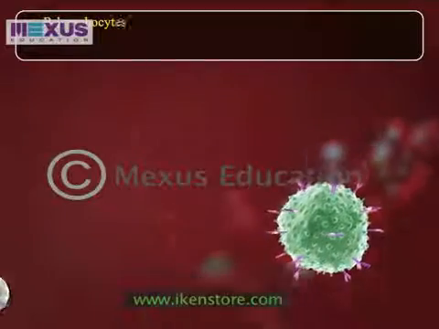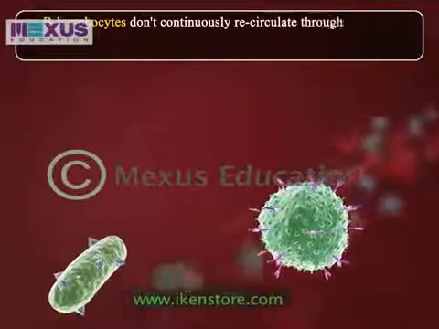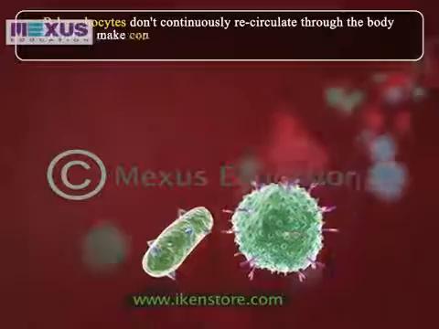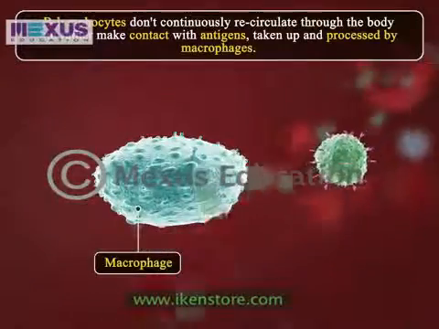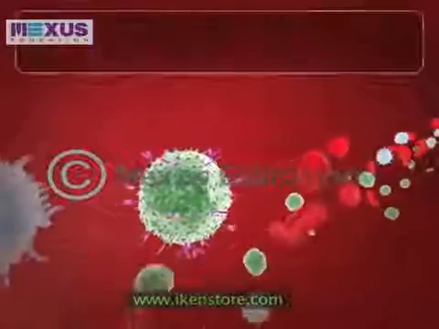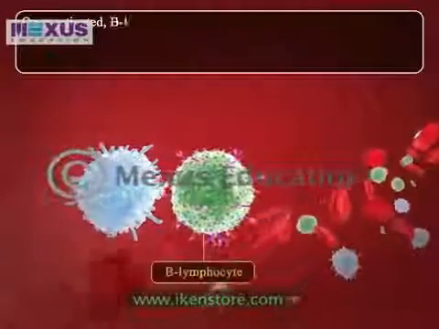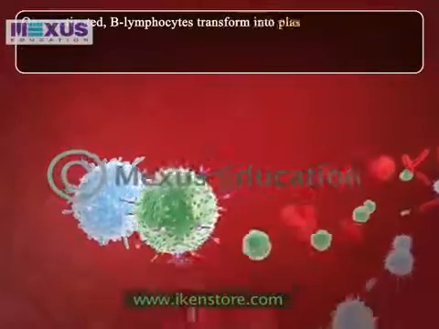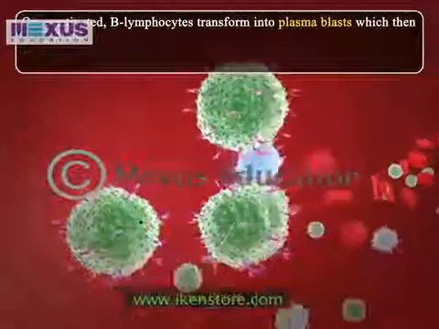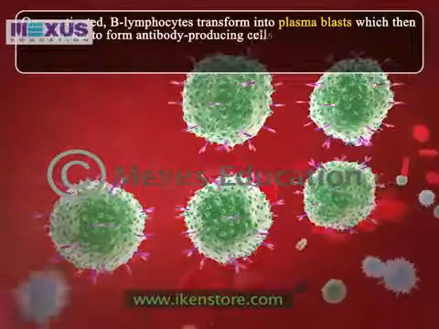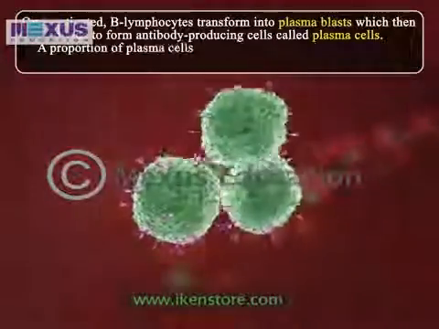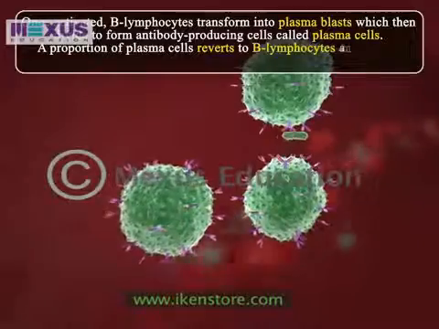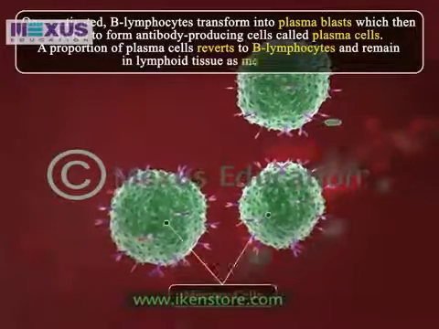B lymphocytes don't continuously recirculate through the body, but rather make contact with antigens, taken up and processed by macrophages. Once activated, B lymphocytes transform into plasmablasts, which then divide to form antibody-producing cells called plasma cells. A proportion of plasma cells reverts to B lymphocytes and remains in lymphoid tissue as memory cells.